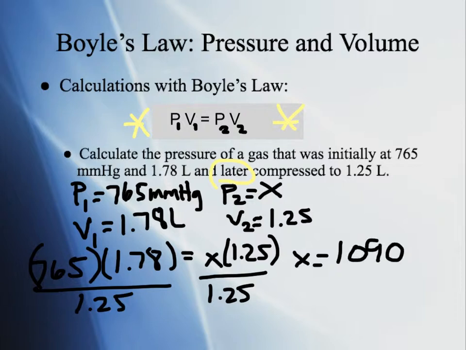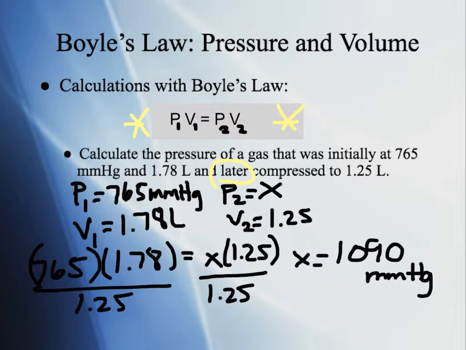Okay, and that's going to be mmHg. And that is definitely taking into account sig figs. We started with all of them being 3 sig figs, so we need to have our answer in 3 sig figs. So 1090 is 3 sig figs.